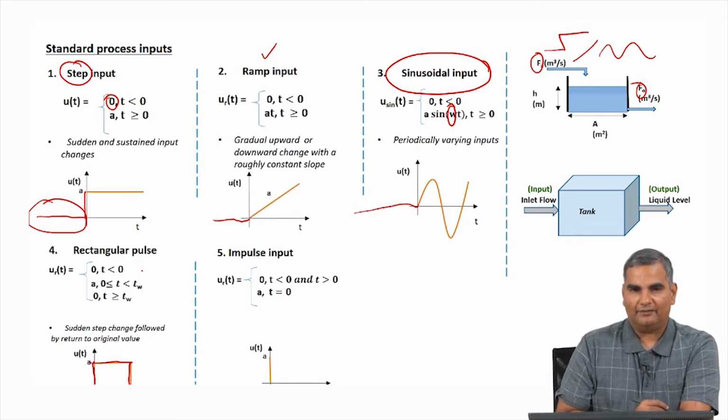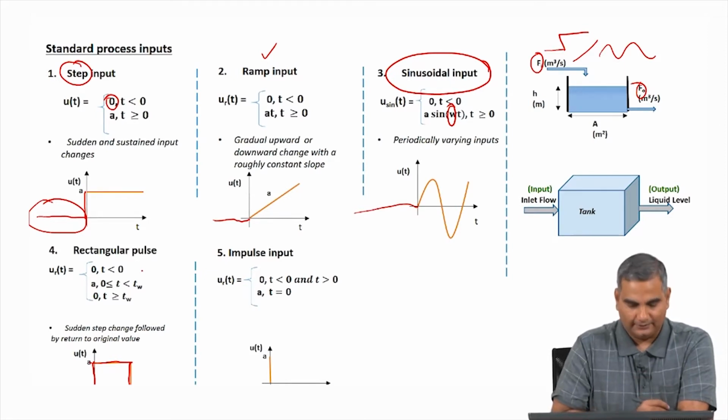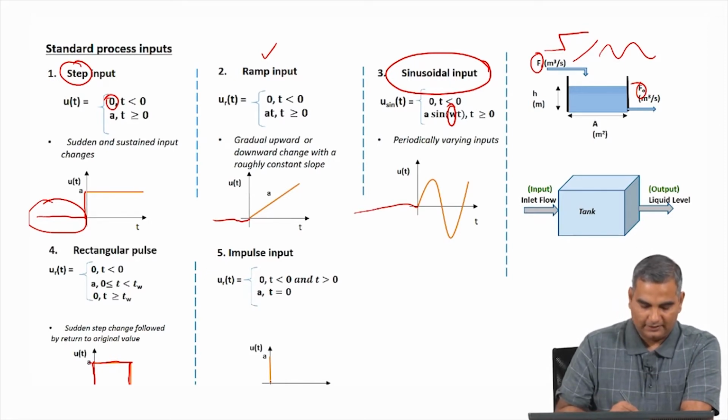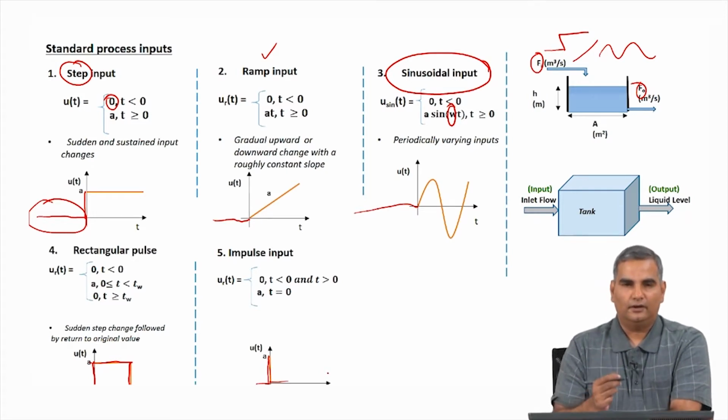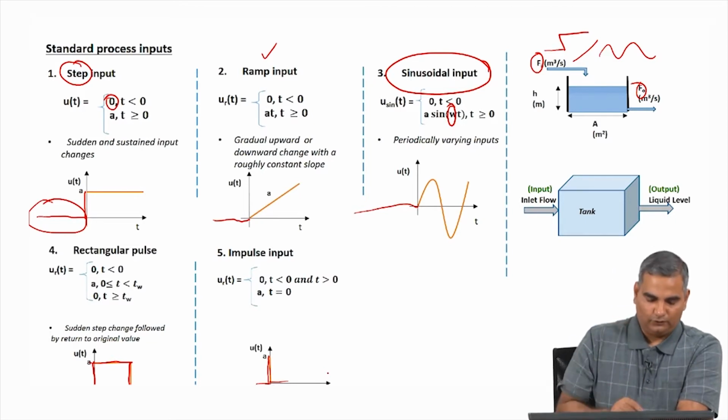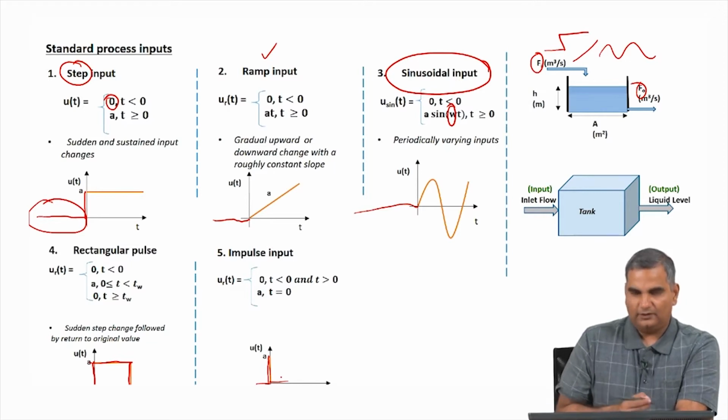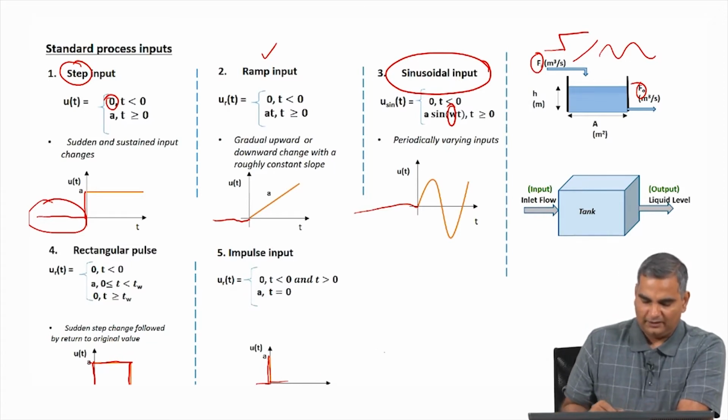You could also have an input which is very short acting. Okay. So, for example, in this case I have 0 up to here and then suddenly I give a and then immediately come back to 0. It is not really realistic to have a value for only time t equal to 0, because you cannot have that. So, this looks like at time t equal to 0 I have a value a, back again to 0. This is an idealization of something that is sharply changing.